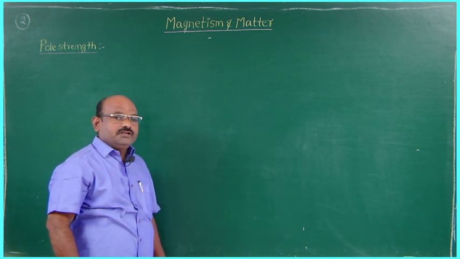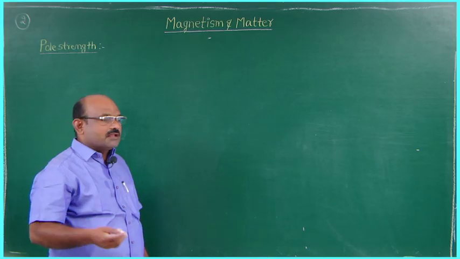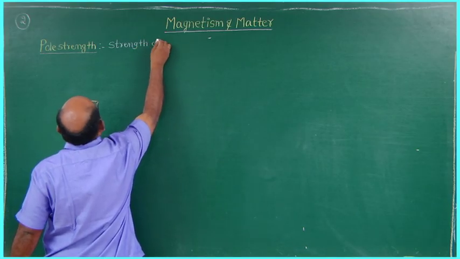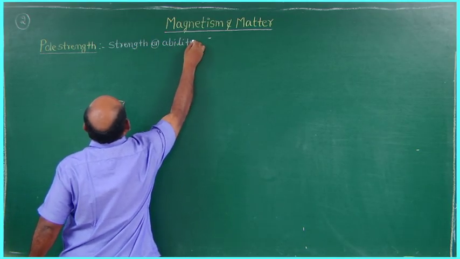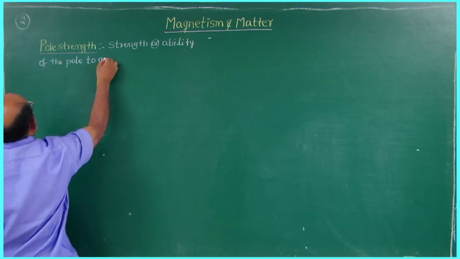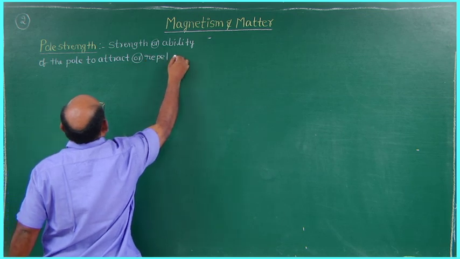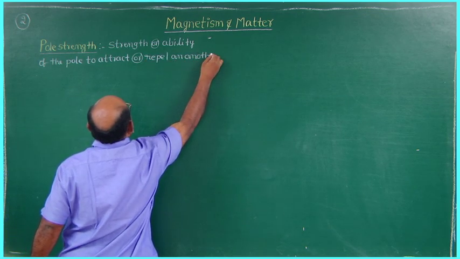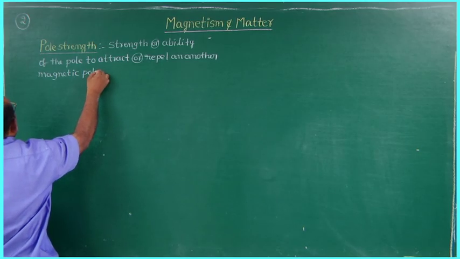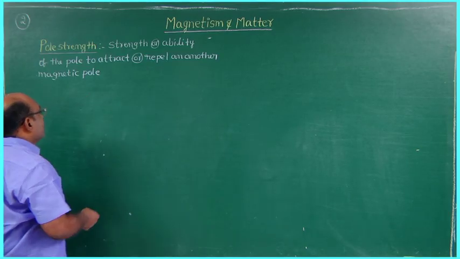Pole strength means it is the strength or ability of the magnetic pole to attract or repel another magnetic pole. So, this is nothing but pole strength.